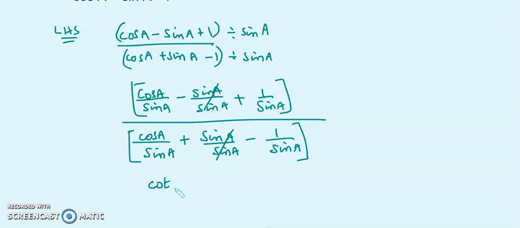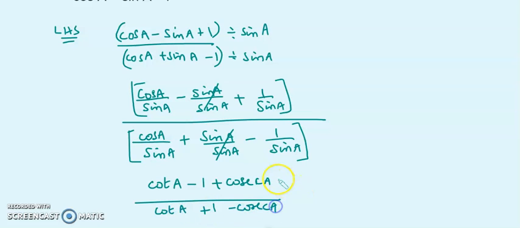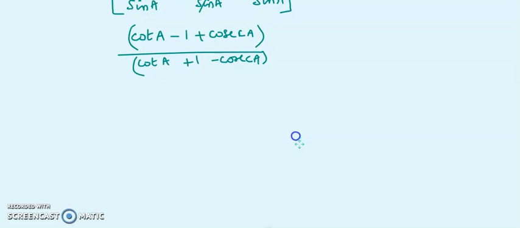Cos upon sine is cot A minus 1 cosec A divide by cot A plus 1 minus cosec A, right? I'm just going to rearrange it in such a way that cosec and cot are together and the one is on the right corner. Okay, that's all I'm going to do.